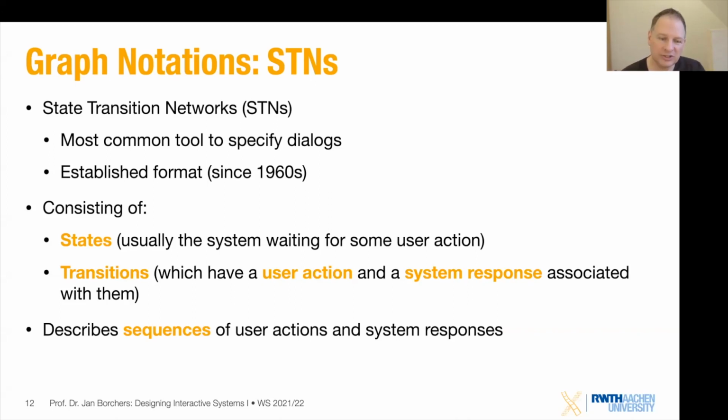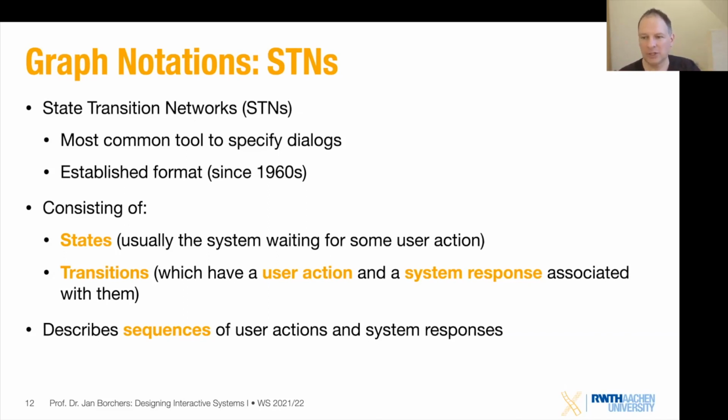But it turns out that state transition networks, with their visual representation, are a much nicer way to express user interface states and the transitions between them than using grammars, simply because they are more visual and you can see exactly what goes where and from where you can go to what other state in your interaction.